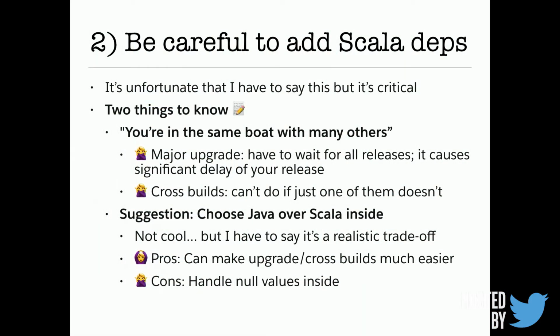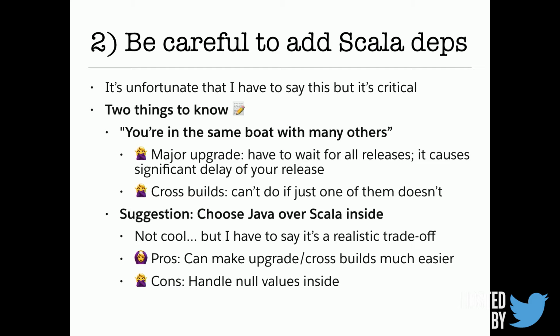Okay, so number 2 is be careful to add Scala dependencies. Yeah, this is very unfortunate, but I have to say this because this is very critical. If you have so many Scala dependencies, I'm assuming that you are creating some library or framework. And if you have so many dependencies, you should be aware that you are in the same boat with so many other people.